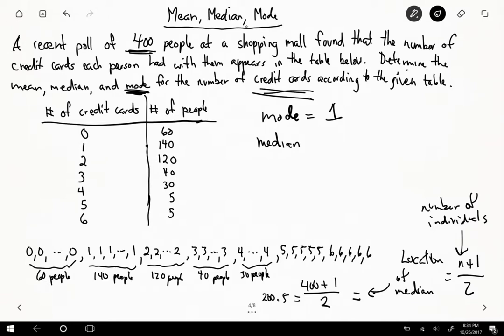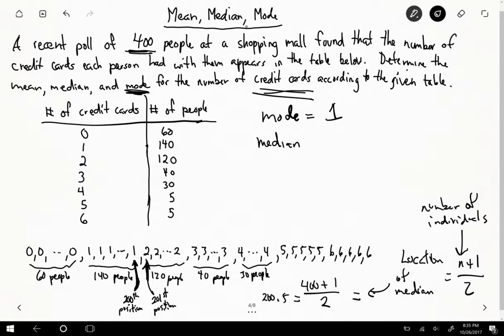So where does that occur? Notice you have 60 people here and 140 people here, and I'm going to point in particular to that position right there. That position is the 200th position. And that means if that's the 200th position, this has to be the 201st position.